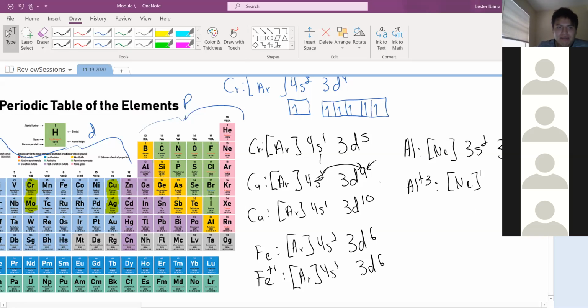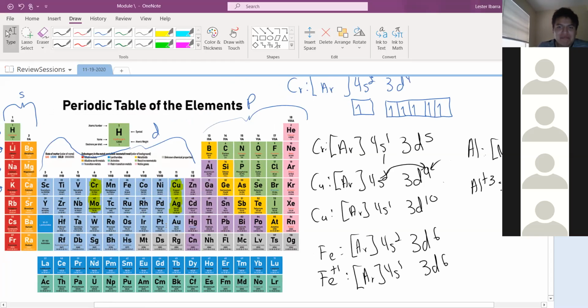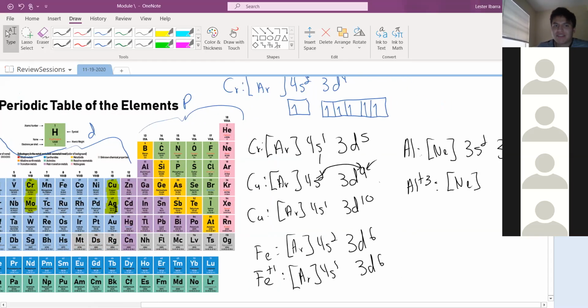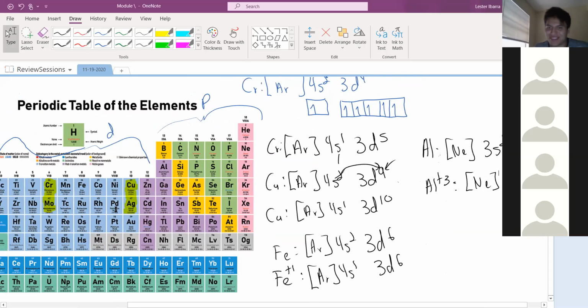Let's look at, for example, potassium. No, wait, sodium. Let's do sodium. So if we do sodium, what would be the configuration, the normal one, just for neutral sodium?